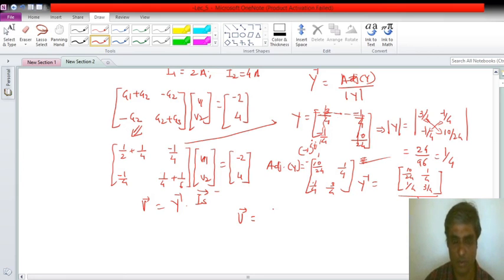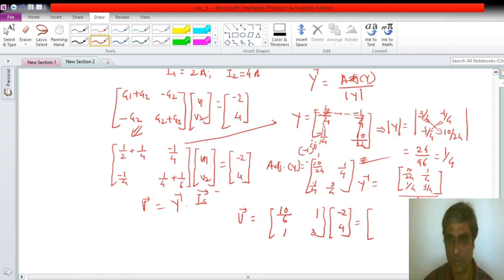You can calculate 10 by 6, this is 1, this is 1, and this is 3, multiplied with minus 2 and 4, that comes out to be minus 20 by 6 plus 4, and this will be minus 2 plus 12.